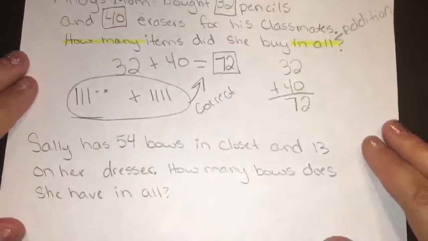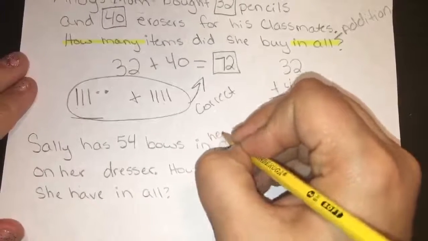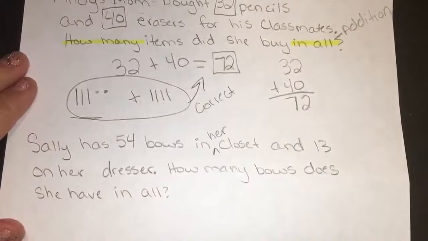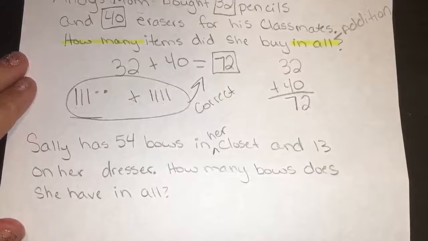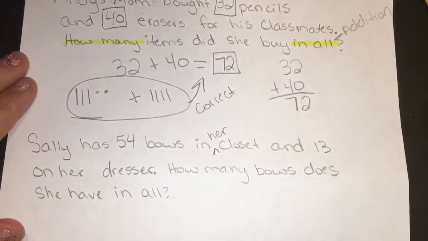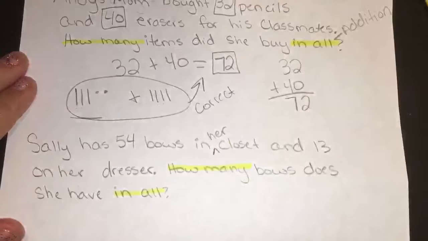Sally has 54 bows in her closet and 13 on her dresser. How many bows does she have in all? So what's very important? Do you see it? Good. How many in all?